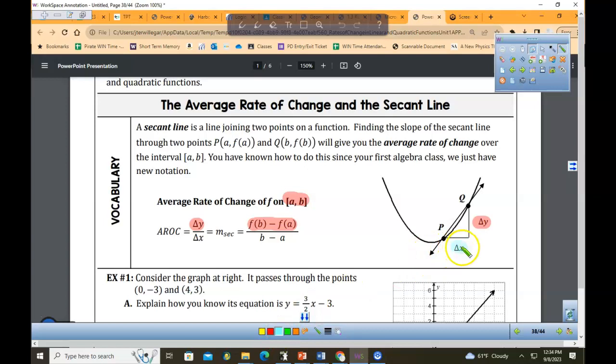And then on the bottom we have our change in x. So this isn't really new. It's our slope, it's our average rate of change, it's our slope of our secant line. Alright? So let's do an example.